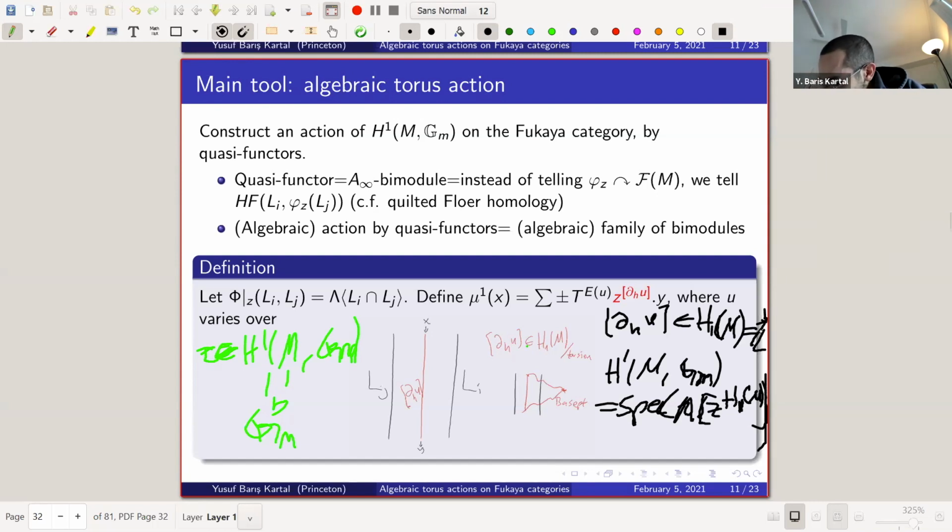Once we identify this with Z to the B, this is the same as the spec of some polynomial ring, but you invert the variables.